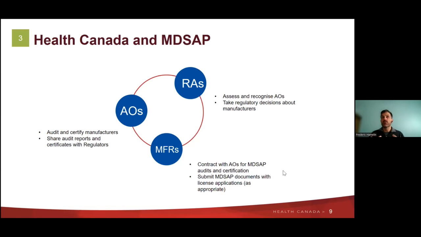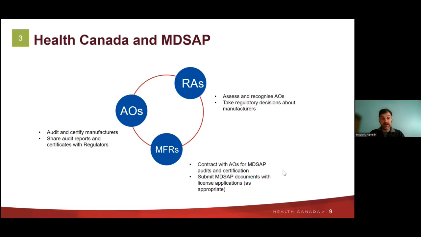We each deal with our own perspective and come together to do that as a single entity, as a consortium. As a consortium, we assess and recognize these AOs, and then we take regulatory decisions about manufacturers independently. How we deal as regulators with a specific manufacturer can be different between the different regulatory authorities because we each have our own program, rules and objectives. But how we address the auditing organizations, the assessment, recognition and oversight, is as a single entity.